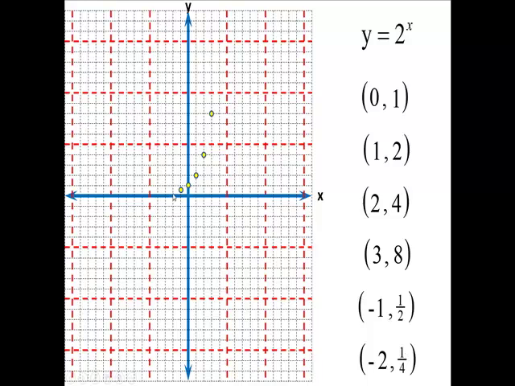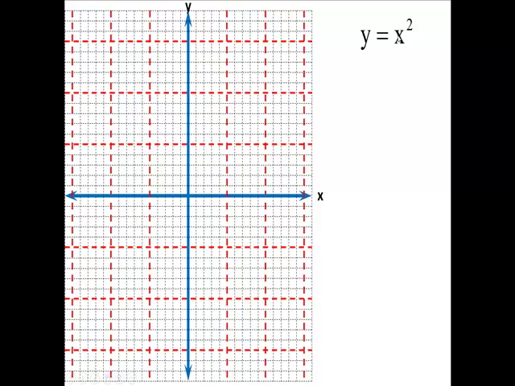So we're going over 2 and up 1/4. And so on. So this is what the graph of 2 to the x looks like. If our points lie on a curve like this, we're going to pick 2 to the x as the basic parent function.